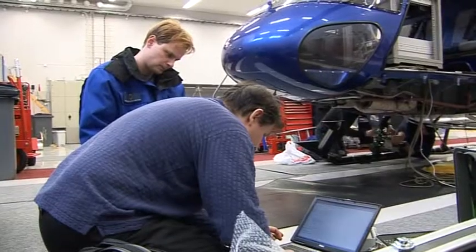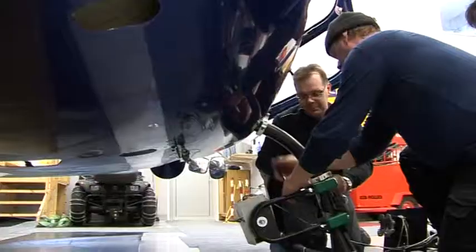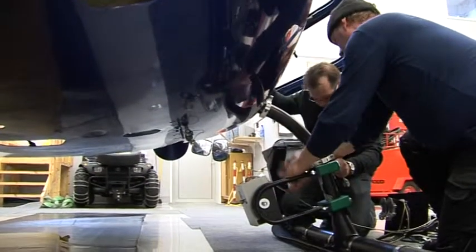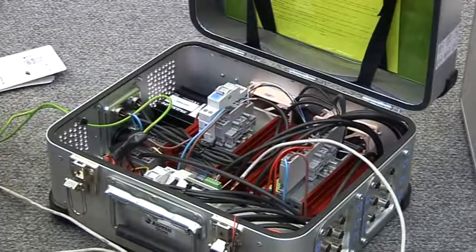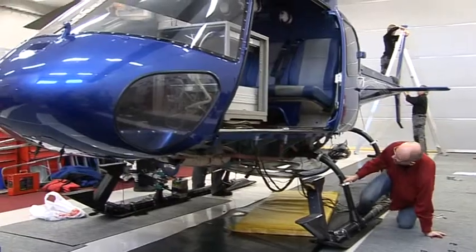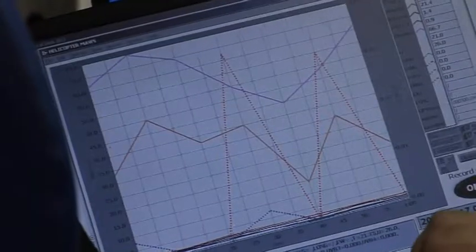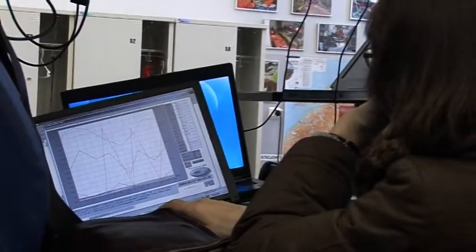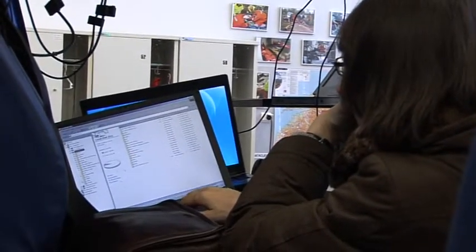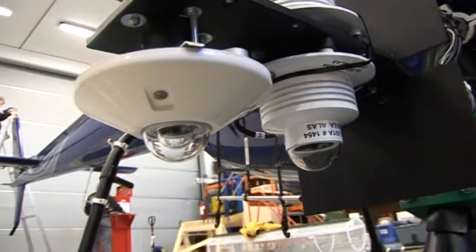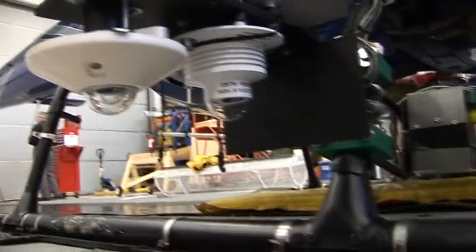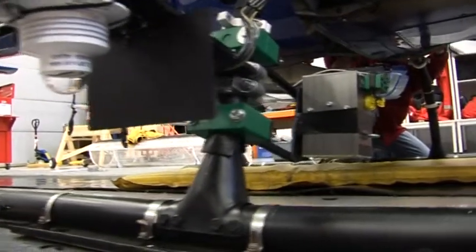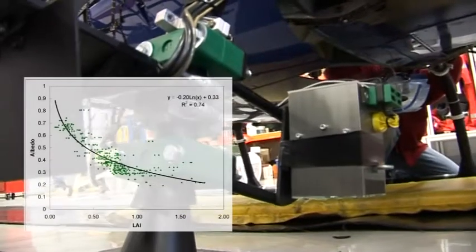We also measure the incoming radiation from the sun in all wavelengths and all directions in diffuse condition. Then we measure the ultraviolet radiation, both incoming and reflected. In addition, we have a wide optics camera used for the leaf area index retrieval of the canopy.